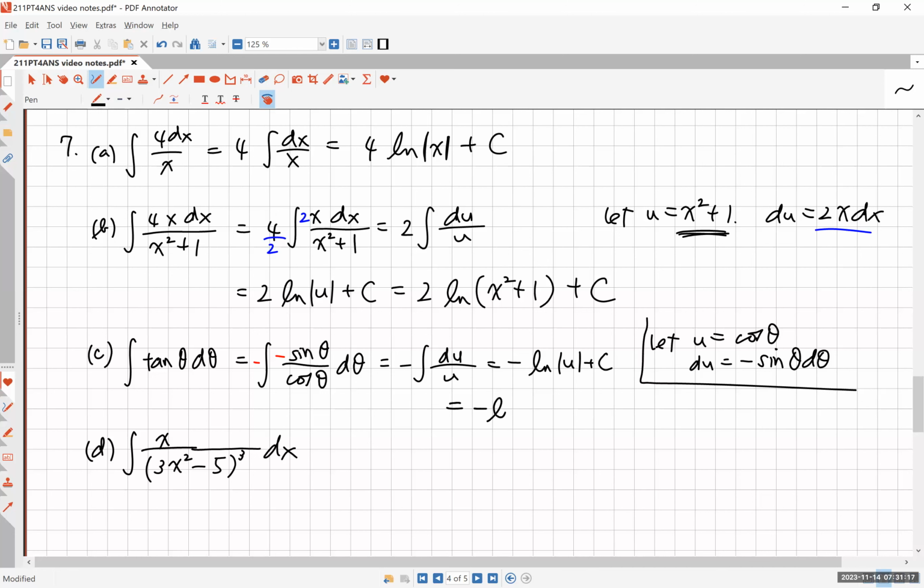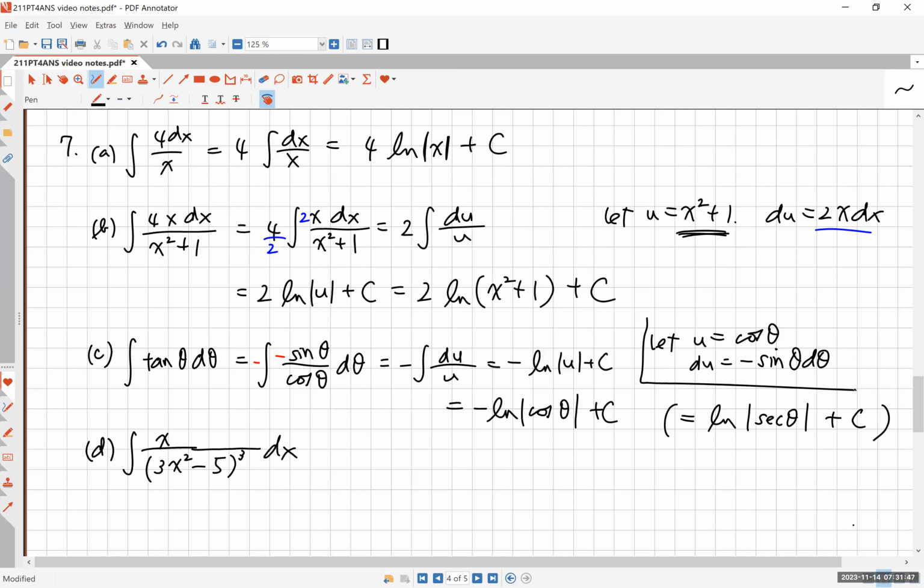And so this is the negative natural log of the absolute value of cosine theta plus c. And so this is an okay answer. And so that is no problem. Some people may prefer to write this as the natural log of the absolute value of a secant function.